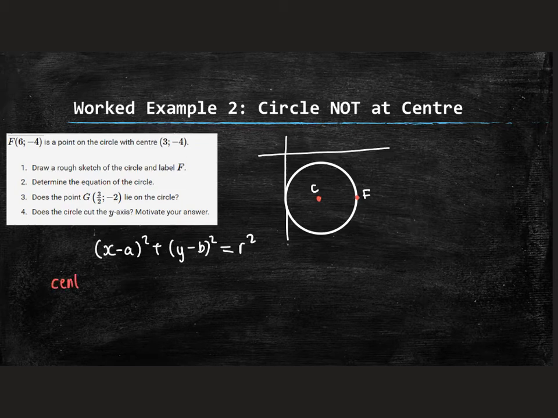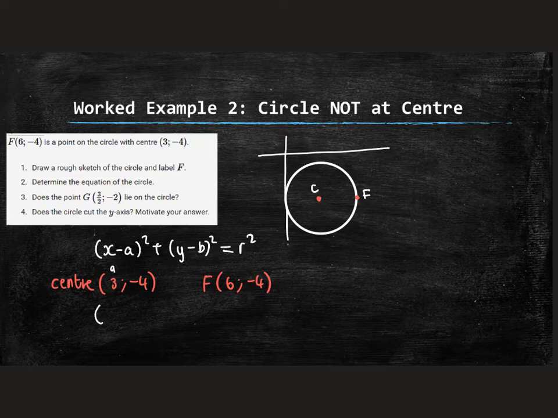We know that the center of our circle is at the point (3, −4). And we have another point called F, which is at the point (6, −4). So if we were going to determine the equation of the circle, we would have to use both of these. How would we use these? Well, first things first, let's plug in our center.